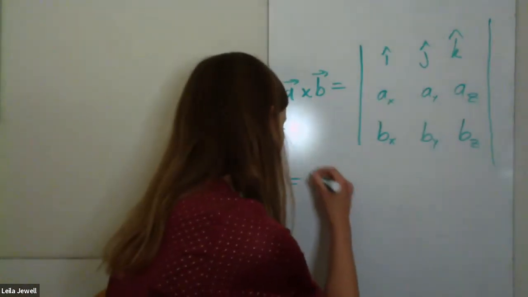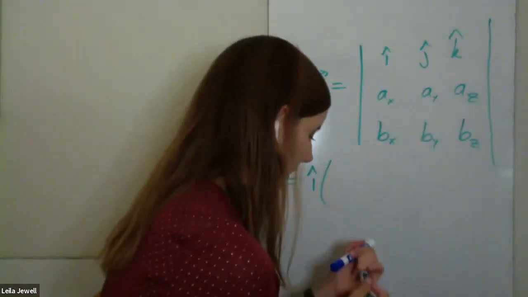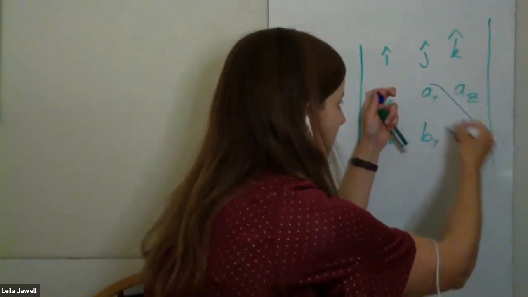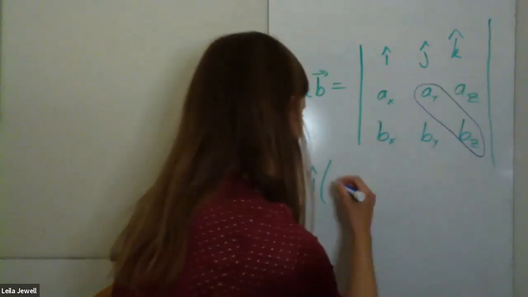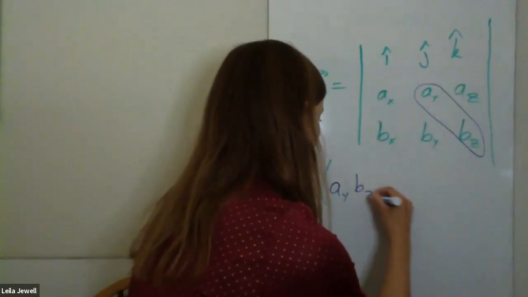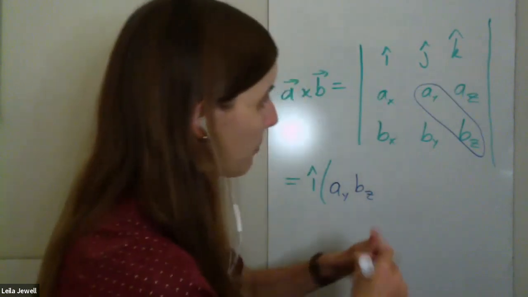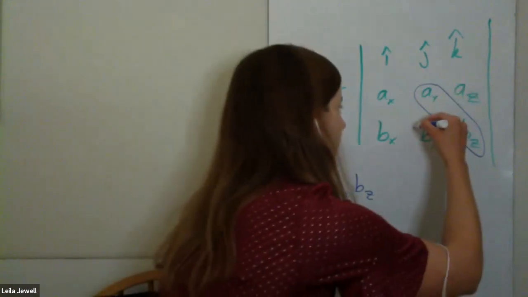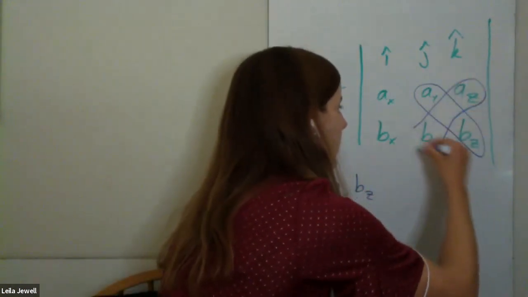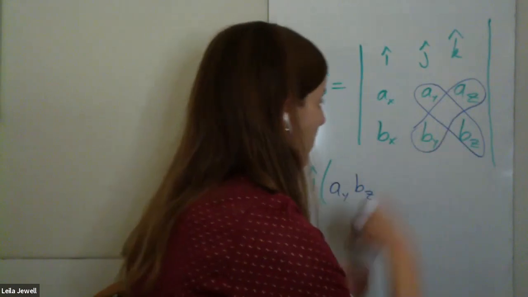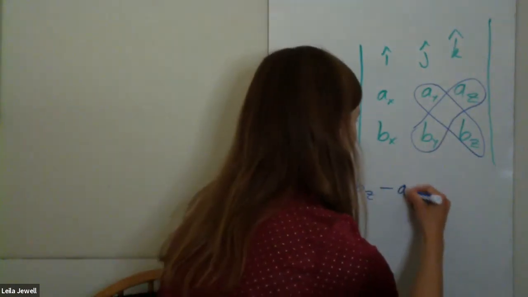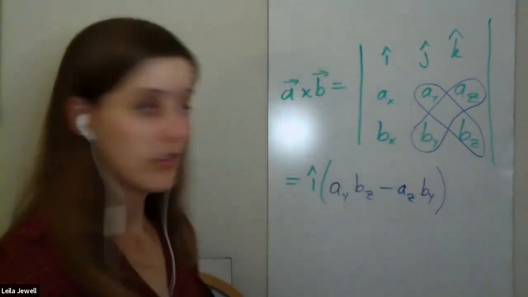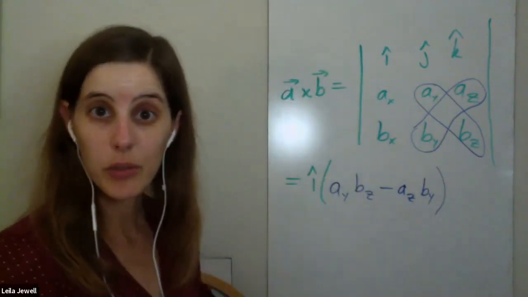So i hat is going to be multiplied by A sub y times B sub z, and then subtracted by the other diagonal, the other cross that we would have here. So minus A sub z B sub y. That's our first term in calculating the cross product.